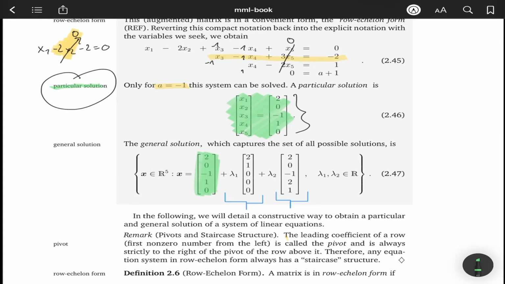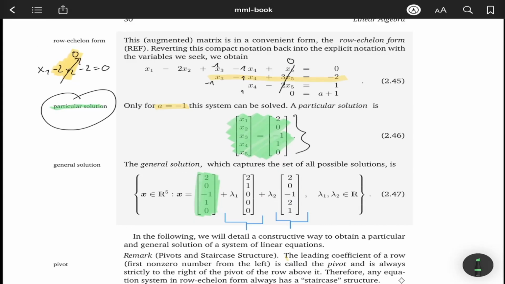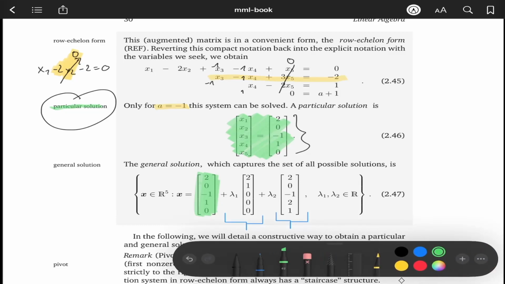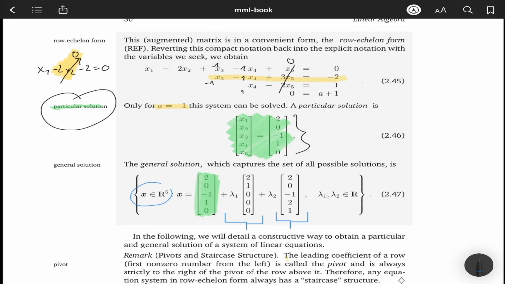First, let's try to understand what's happening. When we are talking about a solution, we mean that we want to know which vectors x, this is a set of vectors, it's not one.